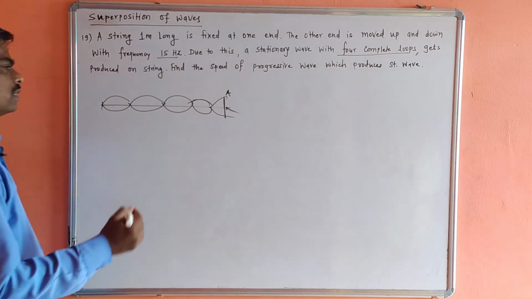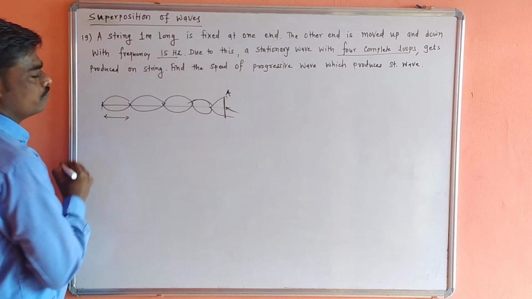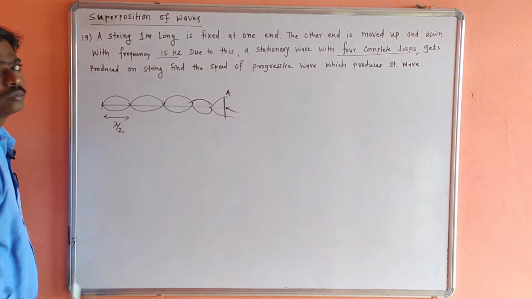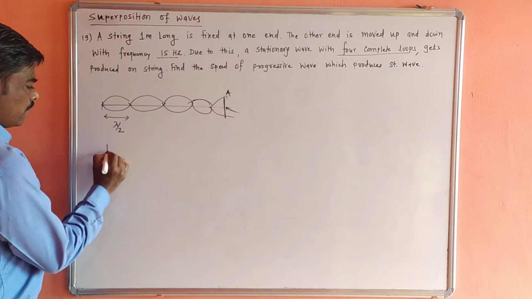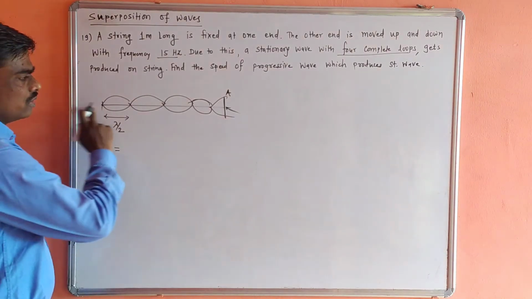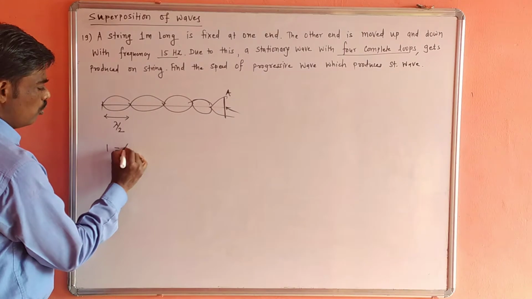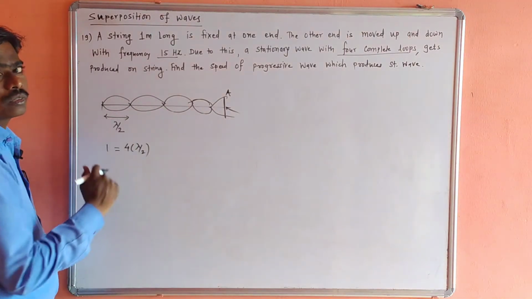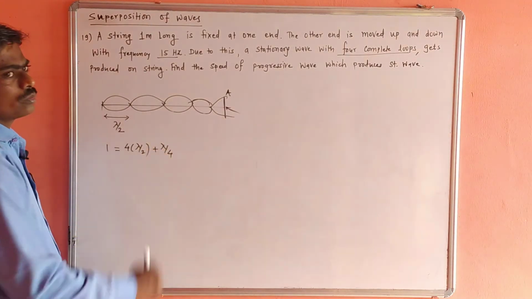So in theory we have studied that the length of one loop is lambda by 2. According to the condition of the problem, the complete length is 1 meter. 1 meter is equal to 4 times lambda by 2, as there are 4 loops, plus lambda by 4.